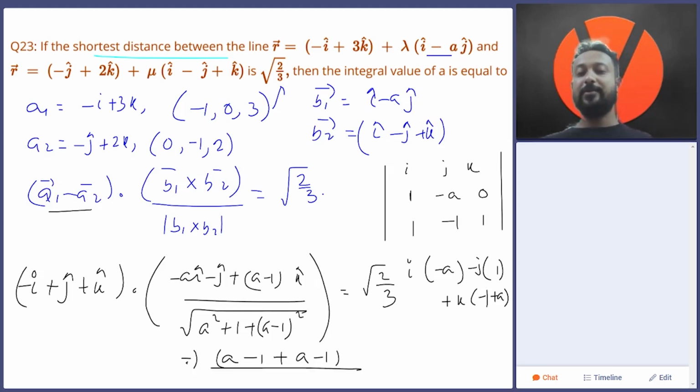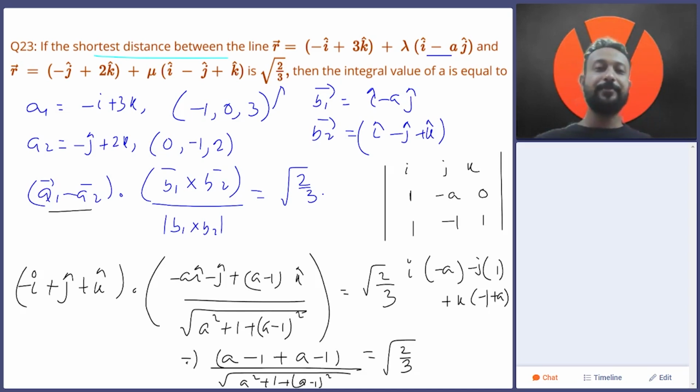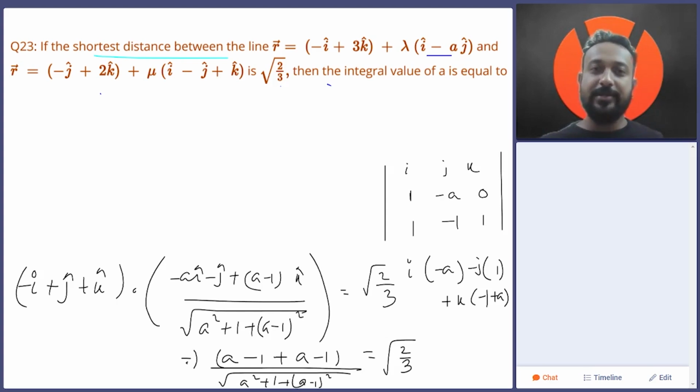So now we have under root a square plus 1 plus a minus 1 whole square is equal to square root of 2 by 3. So now what to do, sir? Now simple now. Why don't we just square it? Don't you think we should square it? Now it is 2a minus 1 or minus 2. 2a minus 2 now.